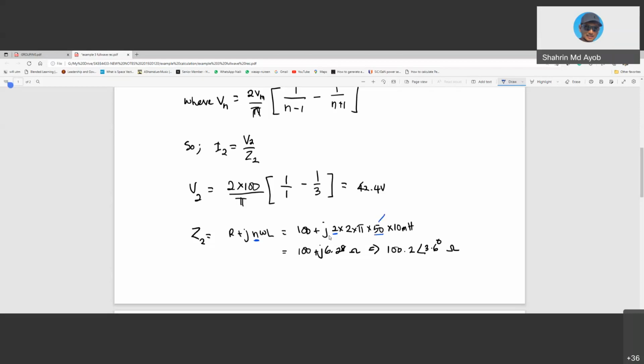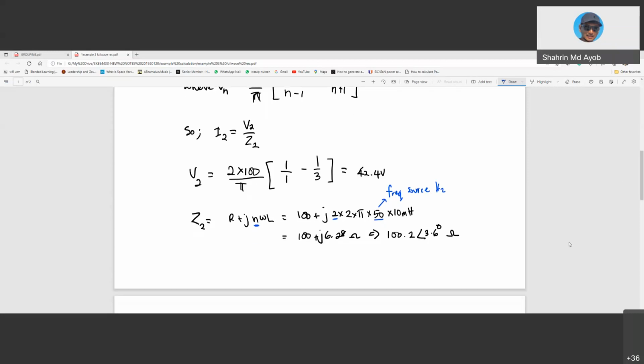Your frequency is the source frequency, which is 50 Hertz. Multiplying, you obtain the impedance Z2 as 100 plus j6.28 ohm.